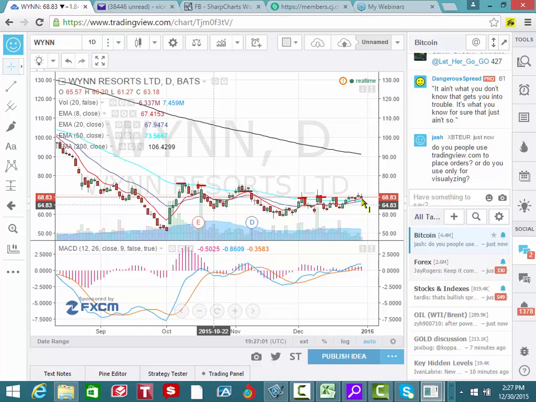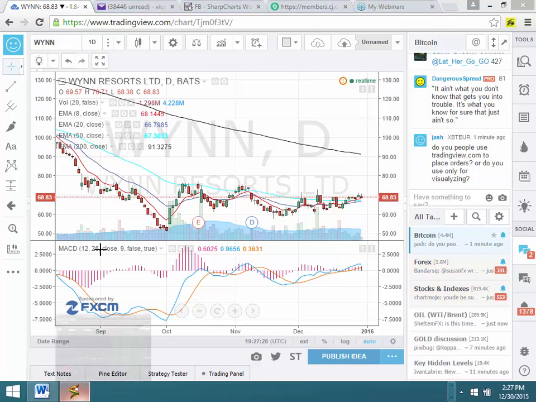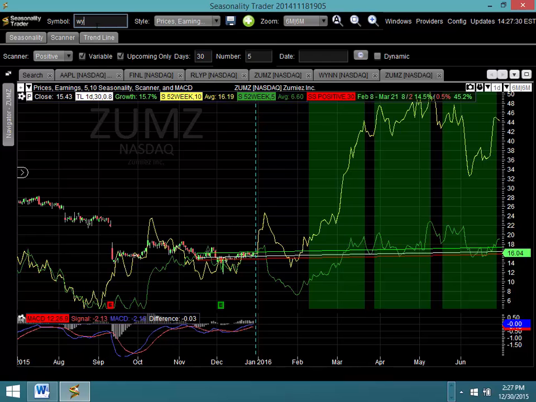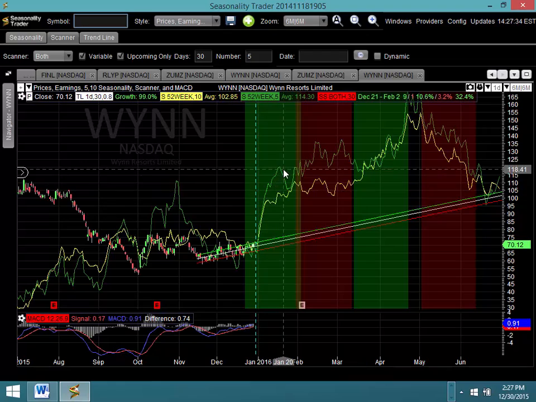I like when I see the T-line, which is the 8 exponential moving average, crossing above the 50. This is getting ready, and it has a good space between the 50 and the 200-day moving average. On seasonal, it has a big move coming up too.